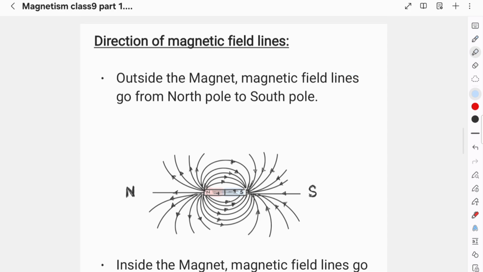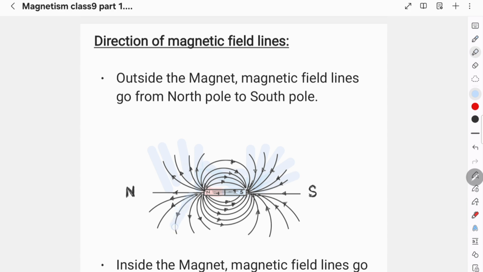We have another diagram. We will talk about the directions of the magnetic field lines. Outside the magnet, the field lines go from the north pole to the south pole. See, the lines are coming out from the north side, and you can see this loop entering the south pole of the magnet.